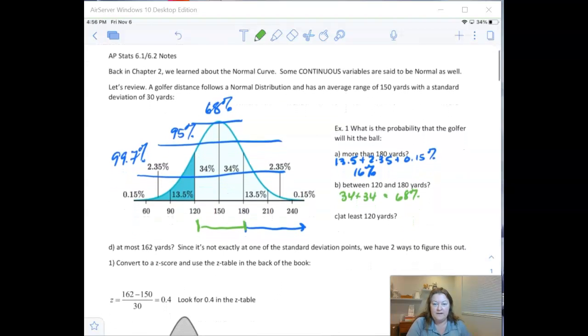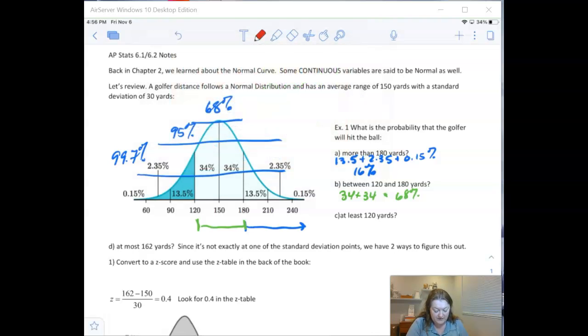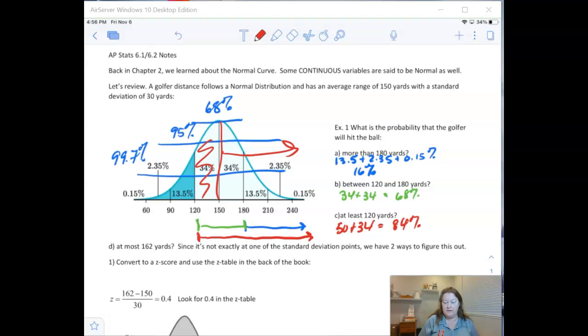Okay, what about if we want at least 120 yards? Well, then that would be both of those added together going all the way up here. Or I might decide it's 50%, which is this part right here, and then add in this little part, 34. So 50 plus 34 should be 84%. Right, and that should be the same thing as adding the first two problems together.